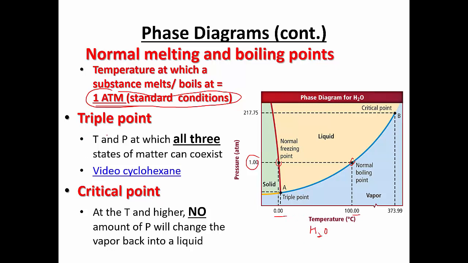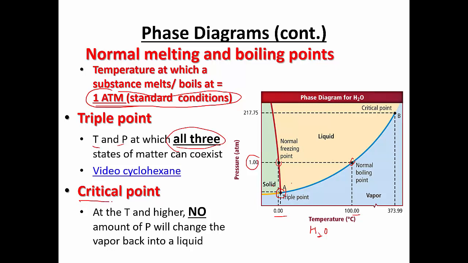Triple point. Triple point is that temperature and pressure at which all three states of matter coexist. So at our triple point, we can actually have a solid, a liquid, and a gas all existing together at that same state.